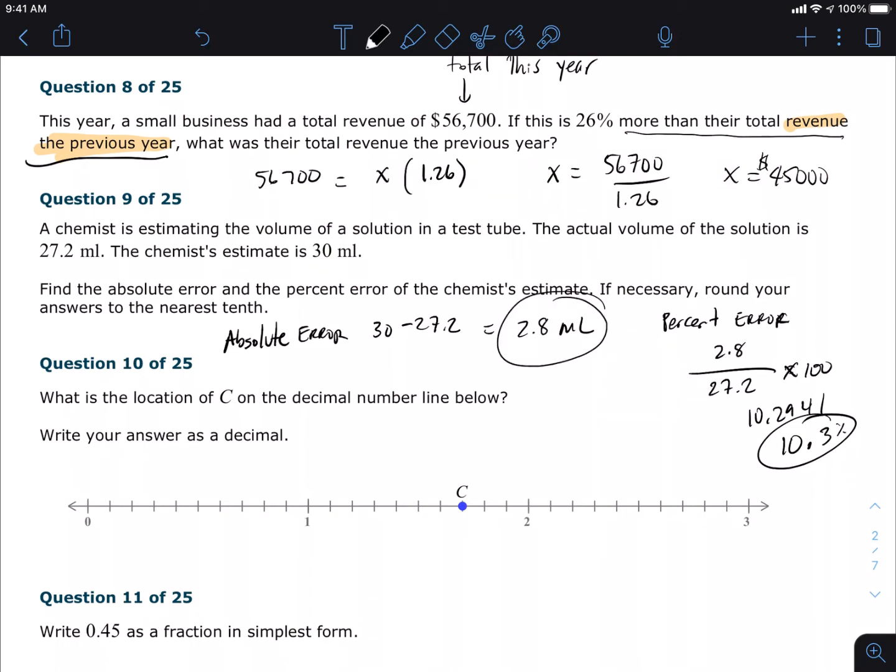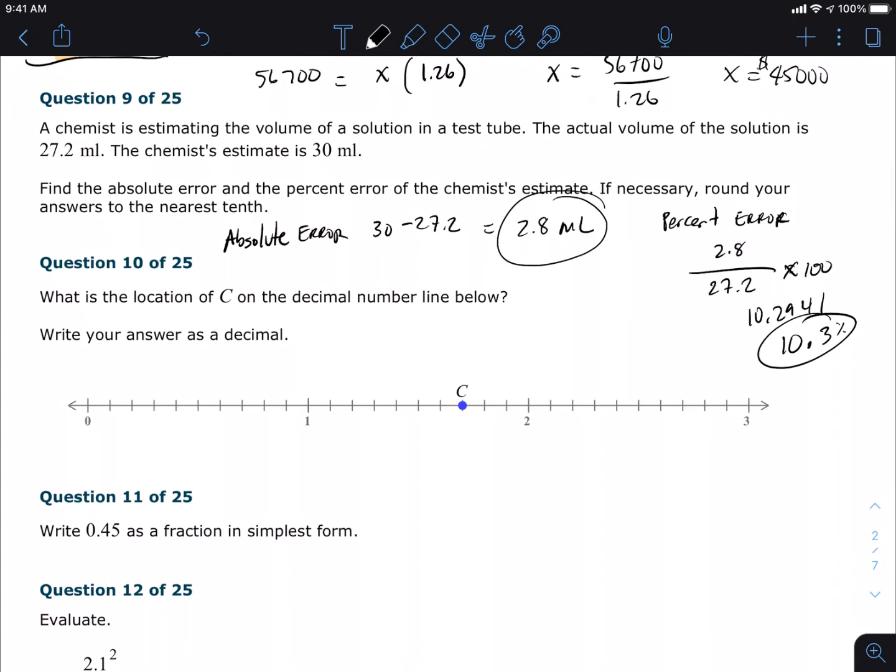Remember, actual is the measured minus the expected. And then the error is the actual minus the expected divided by the expected. Okay? All right. So this next problem, how many lines do we have in between 1 and 2? We have 1, 2, 3, 4, 5, 6, 7, 8, 9.